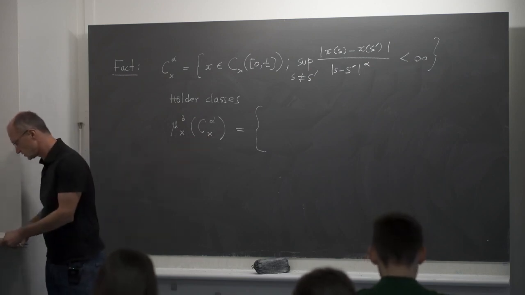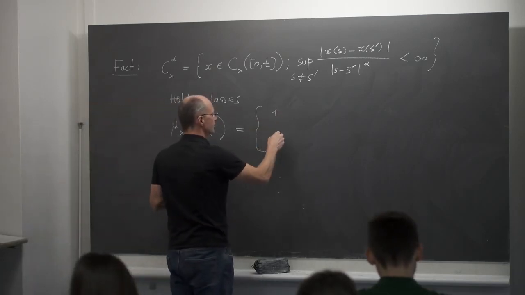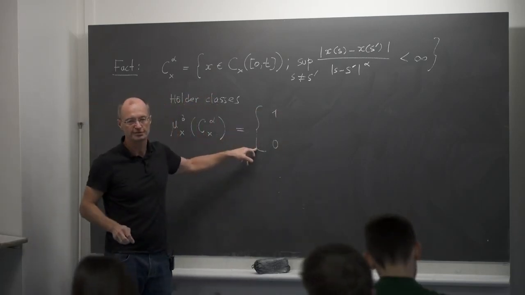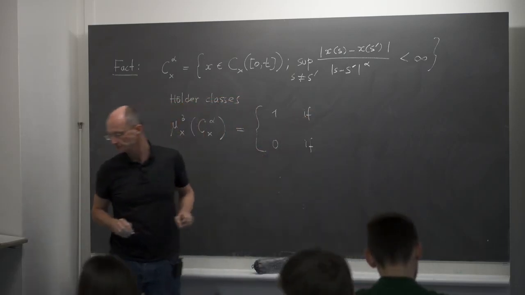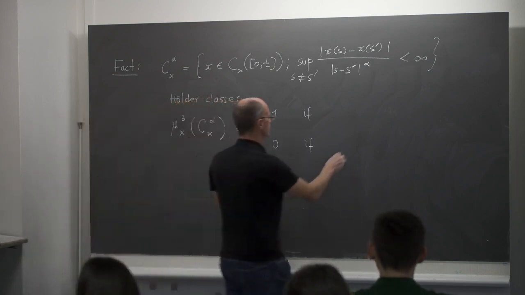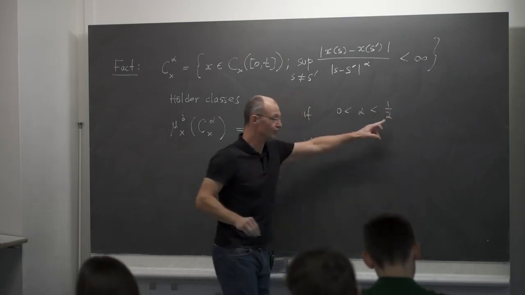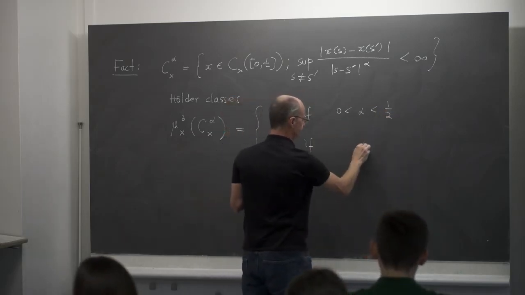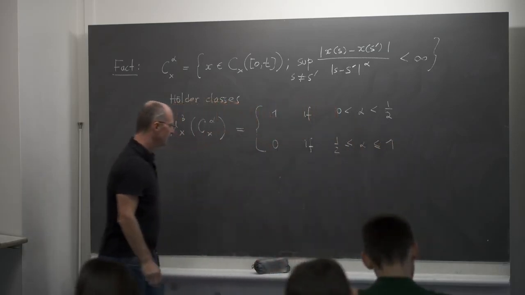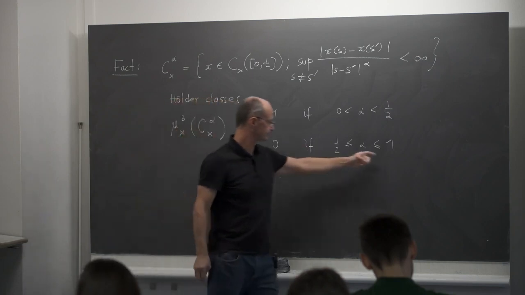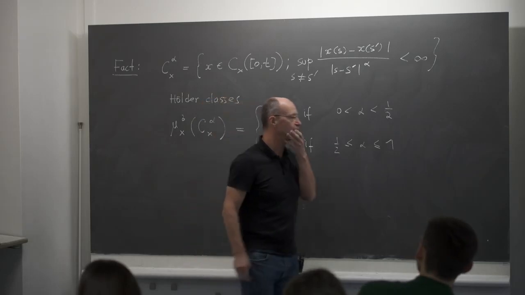And the answer is, by now, not surprising for us, but it's kind of interesting. So it's again 0 or 1, depending on alpha. And it is 1 for alpha smaller than 1/2, and it is 0 if alpha is between 1/2 and 1.